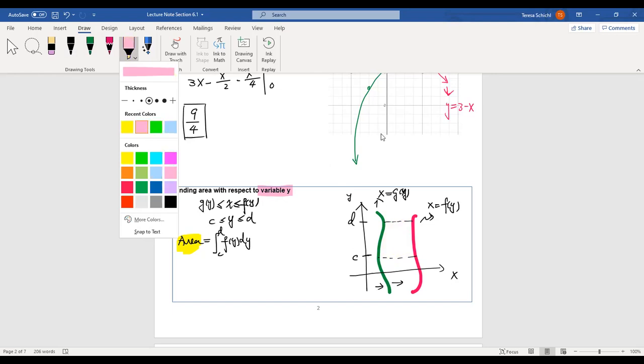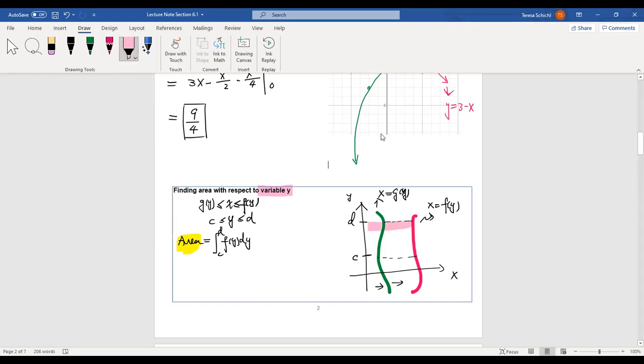For the f of y, I'm integrating with the same idea, I just switch the axis. So it's everything below the curve and to the right-hand side of the y-axis. This one is color coded as f of y. Okay, so now I subtract.